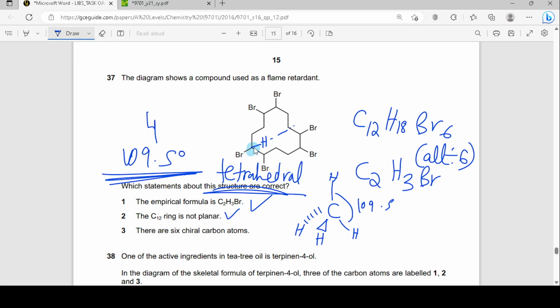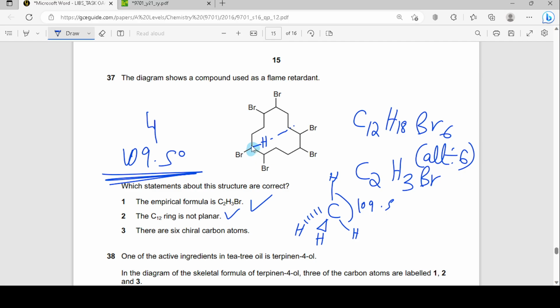As I showed you, this blue carbon atom forms 109.5 degree bond angles, which shows that not all the bonds lie in the same plane, because of the tetrahedral geometry, and with all the other carbon atoms as well. So not all the carbon atoms lie in the same plane, and so the C12 ring is not planar. That's basically the logic.